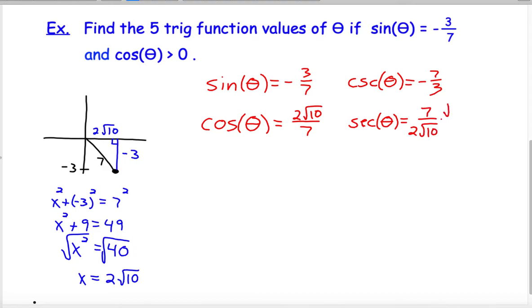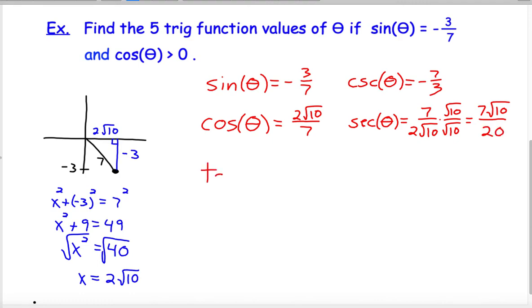And we don't like to have square roots in the denominator, so let me rationalize that. I could multiply by 2 root 10 top and bottom, but then I'm going to have to reduce more. So I wind up with 7 times the square root of 10 over 2 times 10, which is 20.